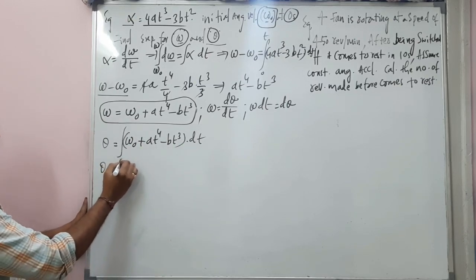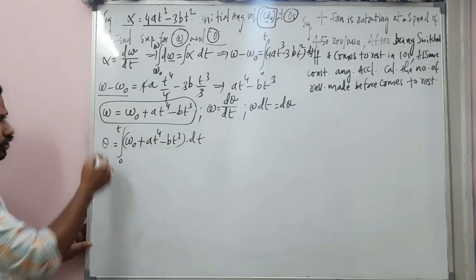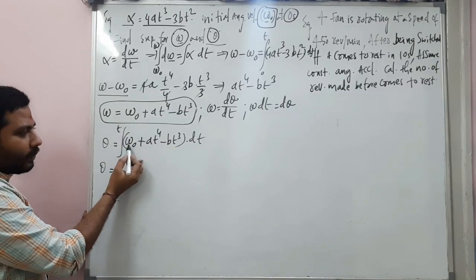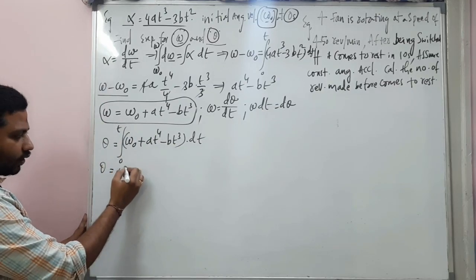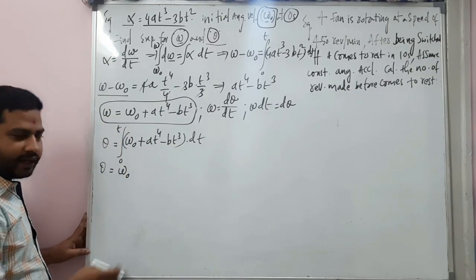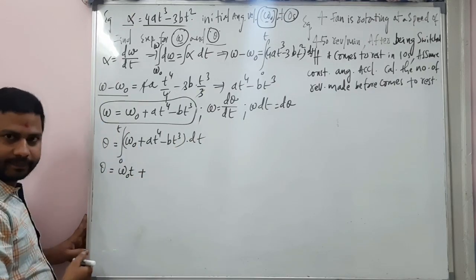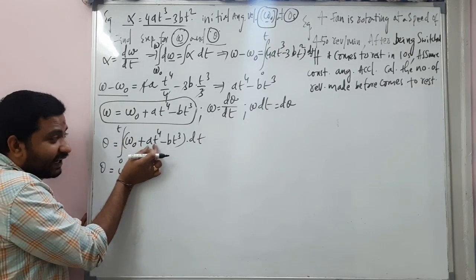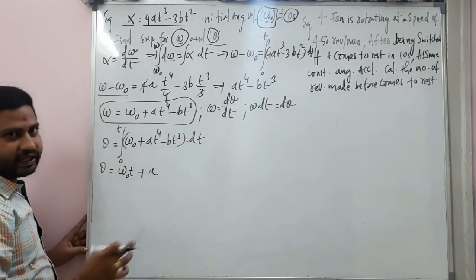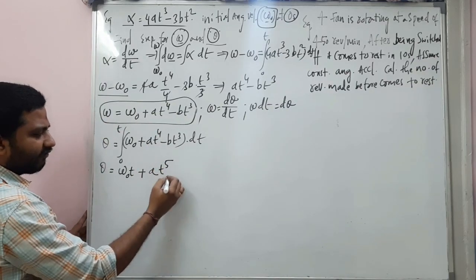Theta is equal to, with limits 0 to t, since we are doing the integration with respect to time. Integral of omega naught into dt, omega naught being a constant, gives omega naught t. Plus a is constant, integral of t to the power 4 is t to the power 5 by 5.